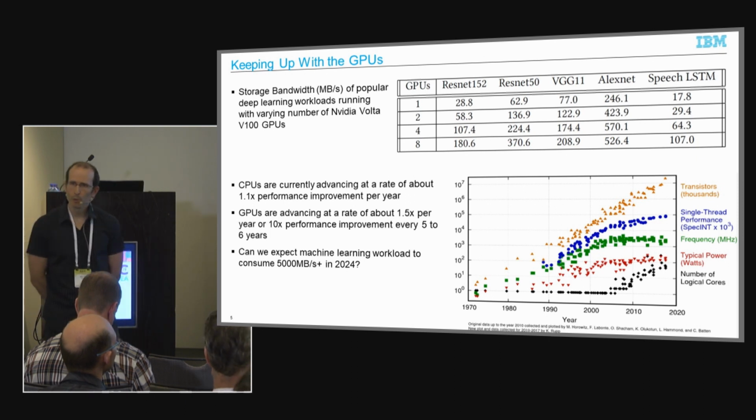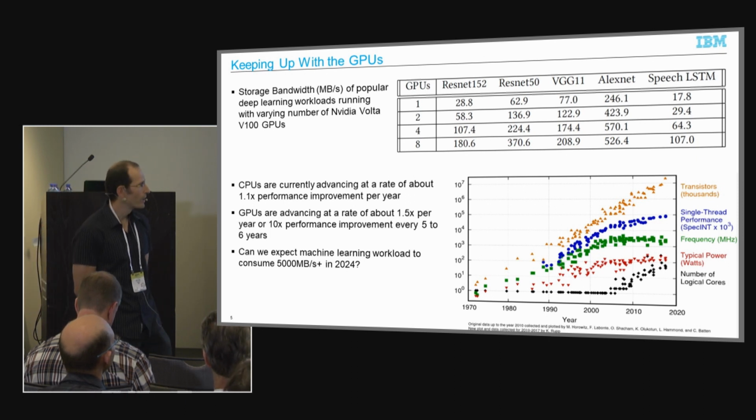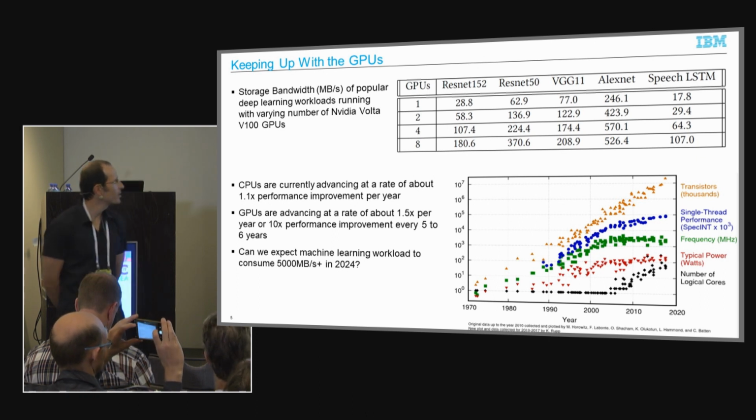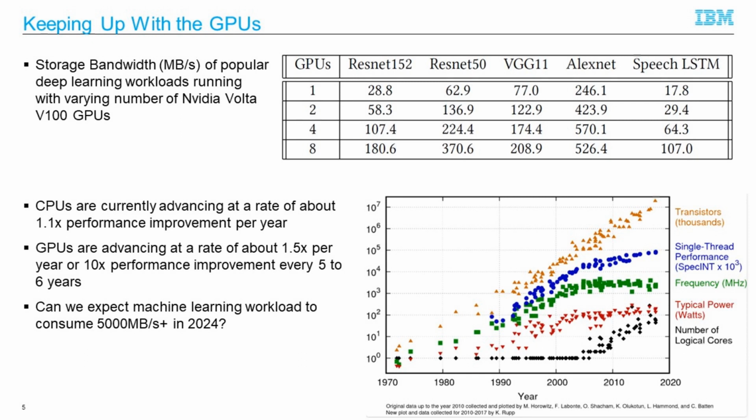So what kind of throughput do these GPUs actually need? We benchmarked the high-end NVIDIA Volta V100 GPU with a number of different workloads. In this table, we're showing 4 image recognition workloads, 2 different types of ResNets, VGG, AlexNet, and we're showing speech recognition, an LSTM, long short-term memory, neural network.